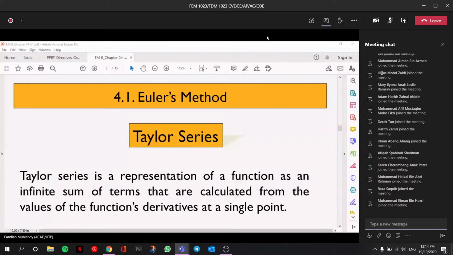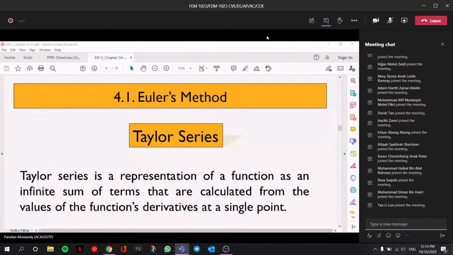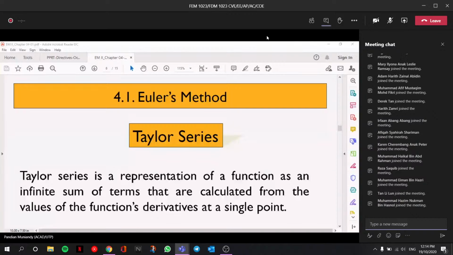It's very simple because we are just considering the first order only. So Taylor series is a representation of a function as an infinite sum of terms that are calculated from the values of the function's derivatives at a single point. This is very important.